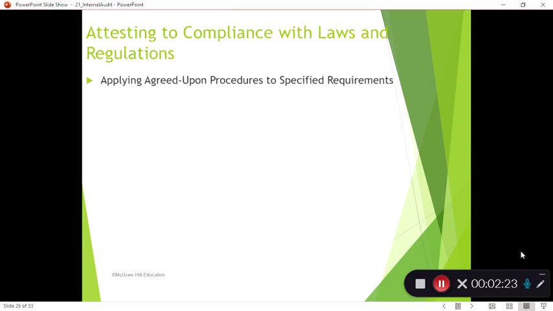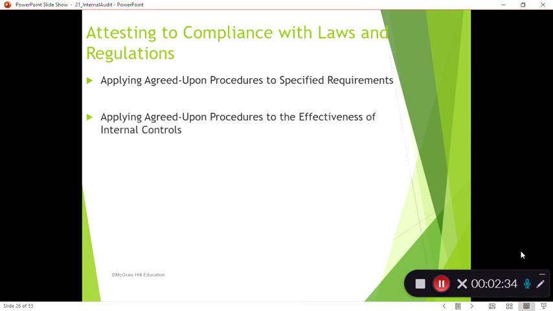And so if we're talking about attesting to, we could do agreed upon procedures for specified requirements in a given law or regulation, but then also procedures would be focused on effectiveness of internal controls, and performing the examinations is clearly the highest level, right?